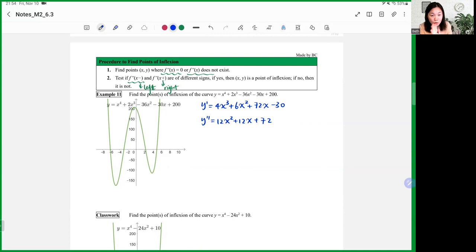Okay, remember I'm not looking for the maximum minimum, I'm looking for the change of concavity. So I will factorize this. It's negative, oh, sorry, negative. And then factorize it.